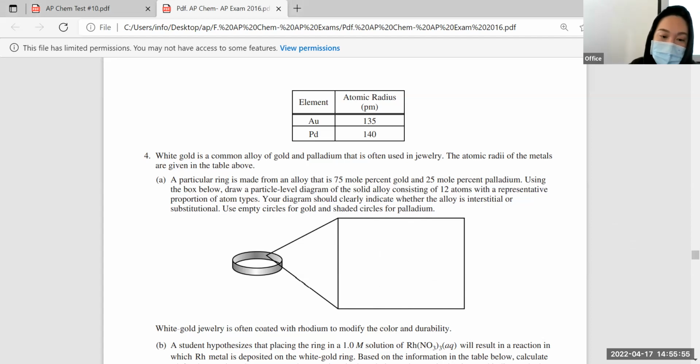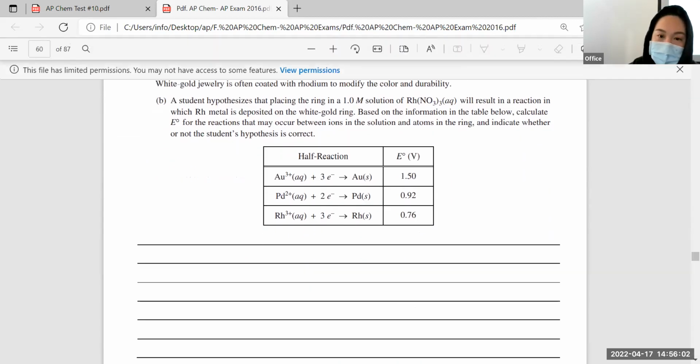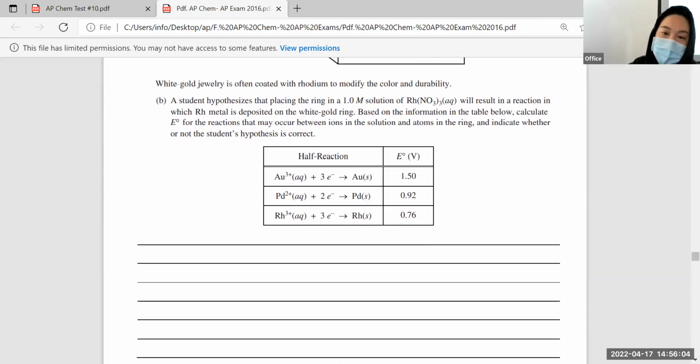Okay, a student hypothesizes that placing the ring in a 1 molar solution of RhNO33 will result in a reaction in which Rh metal is deposited on the white gold ring. Based on the information, calculate E for the reactions that may occur between ions in the solution and atoms in the ring, and indicate whether or not the student's hypothesis is correct.